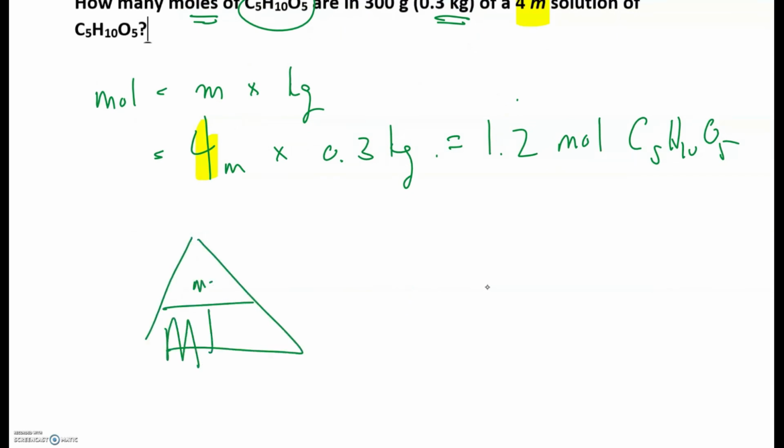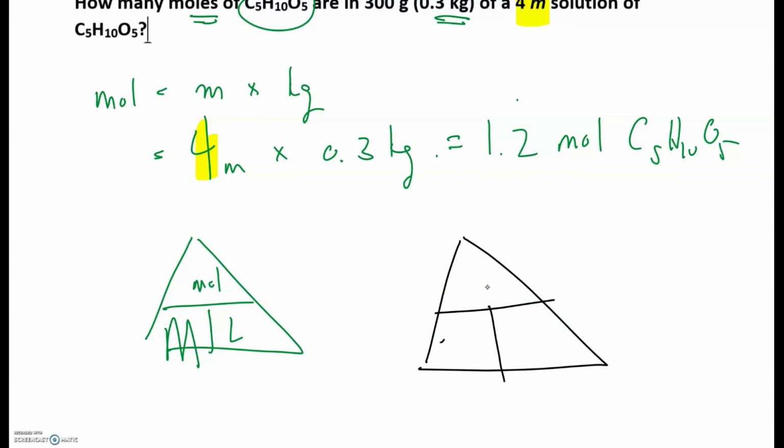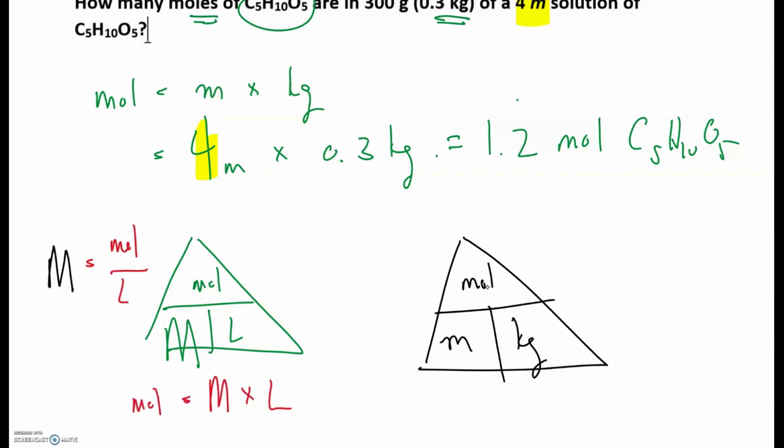Molarity, capital M, is equal to moles over liters, and molality, lowercase m, is equal to moles over kilograms. So when you're flipping these around, we know that molarity is equal to moles over liters, moles is equal to molarity times liters, and liters is equal to moles over molarity.